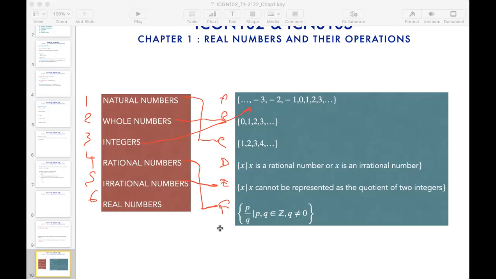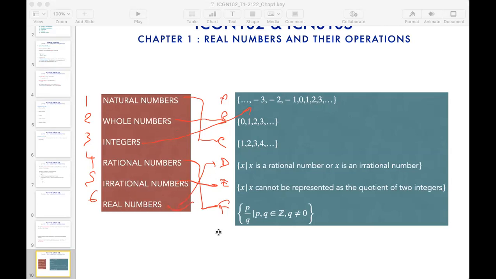Real numbers. Sahapat. D, right? Okay, is D in here? x, where x is a rational number or x is an irrational number. As I mentioned in the previous slide, a real number comes from the combination of two sets, rational and irrational.